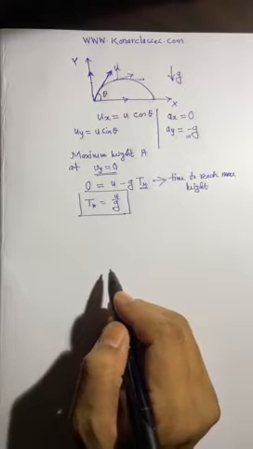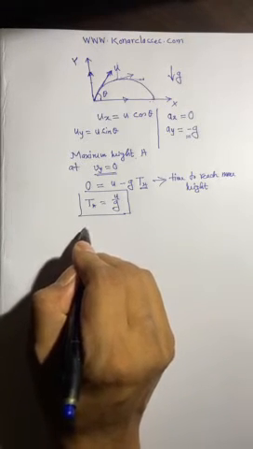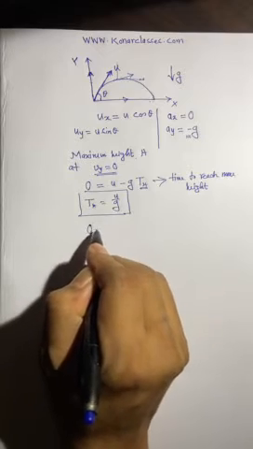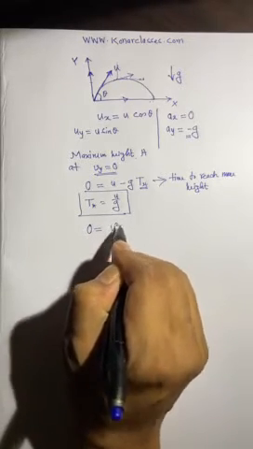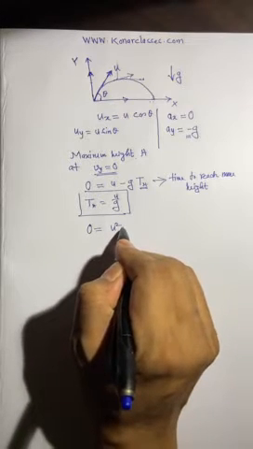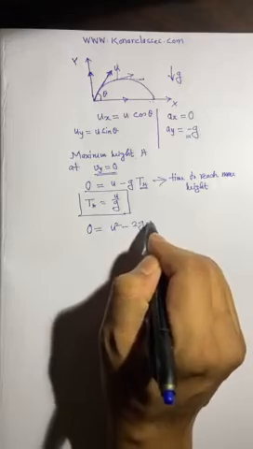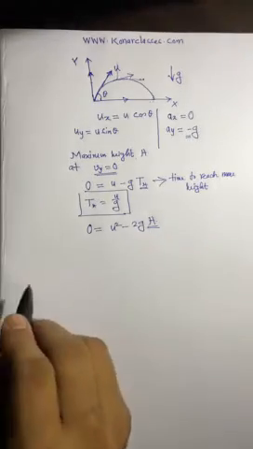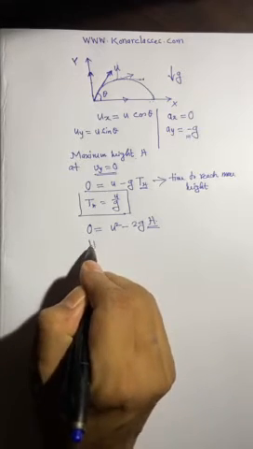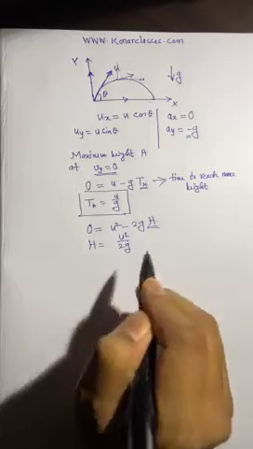Now from another equation, v square equals u square minus 2g h, where v is 0, so v square equals 0. What will be the maximum height reached? Here h comes to u square by 2g.